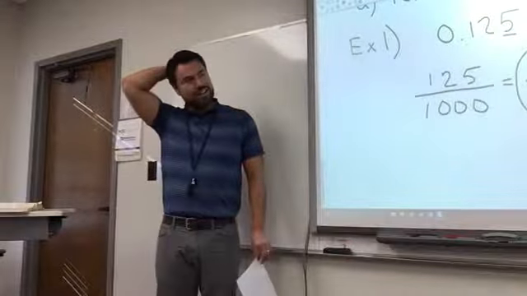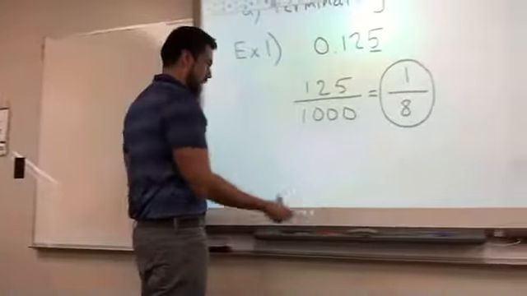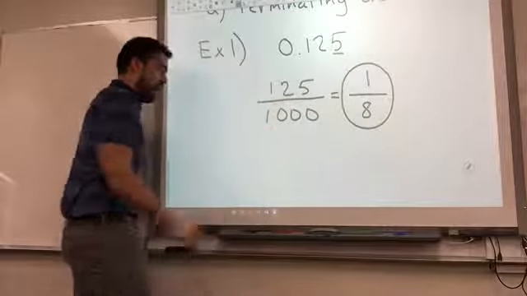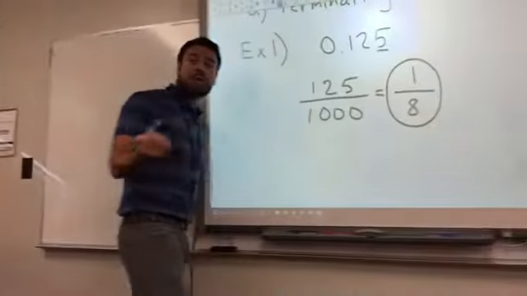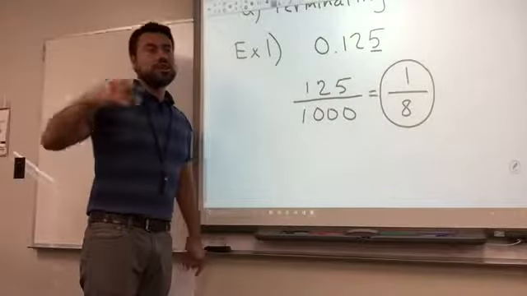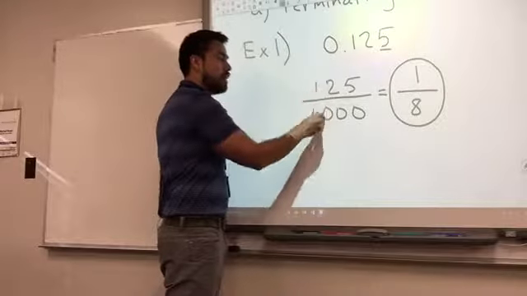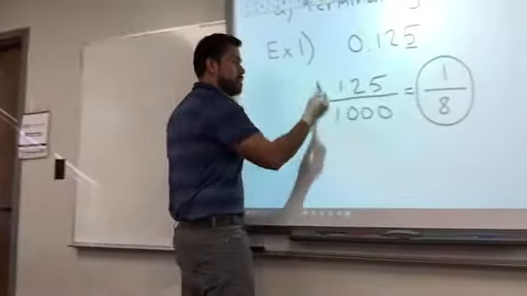But if I didn't know that, because maybe I didn't know the GCF was that, then just divide it by common factors. What goes into 125 and 1,000? 5 goes in it. Does 25 go into both? Yes. So you can divide both of these by 5, or you can divide them both by 25. The higher number you get, the easier this becomes. So I'm going to use 25.